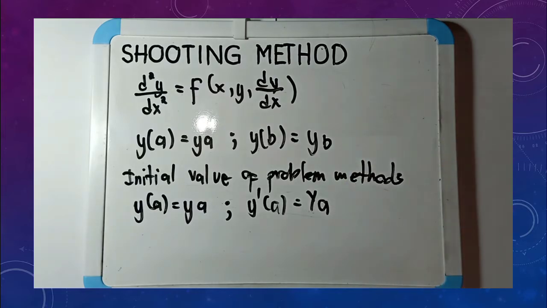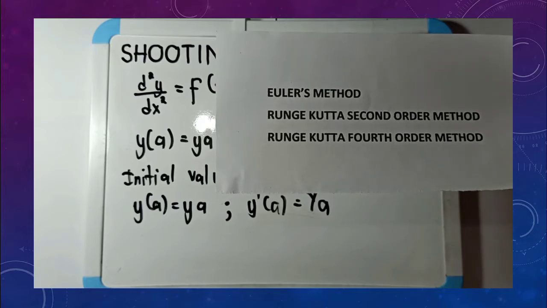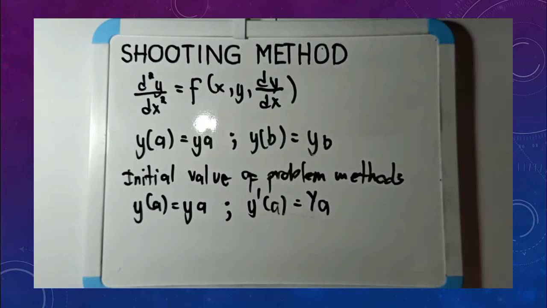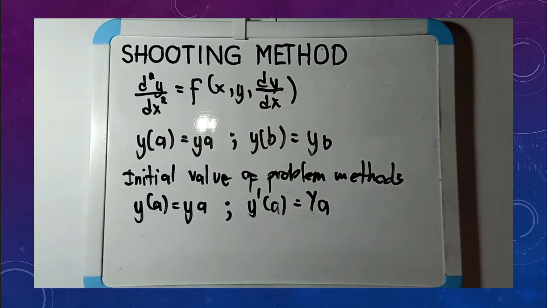Now, in order for us to solve this problem, we can use different methods such as Euler's method, Runge-Kutta second order method, and Runge-Kutta fourth order method. And we will also use these boundary conditions and this initial value to be able to do that.